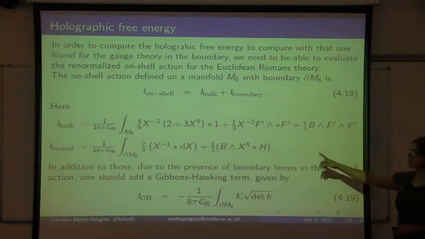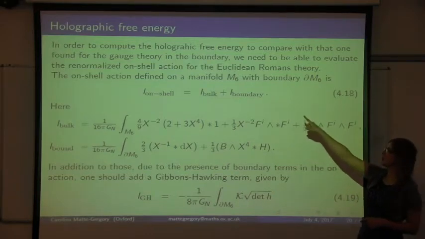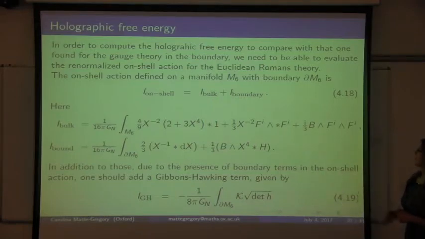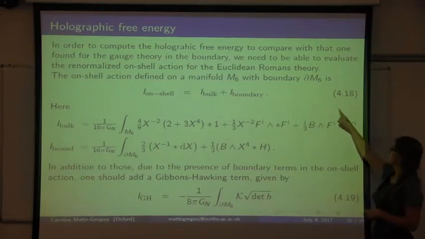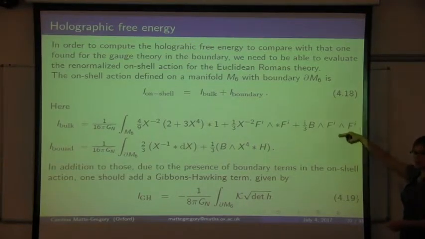So the on-shell action, again, I spoke about this a little bit yesterday. It's defined on this manifold M6, the one defined by the metric, and with the boundary U6. Now this is already plugging the Romans ansatz into this.